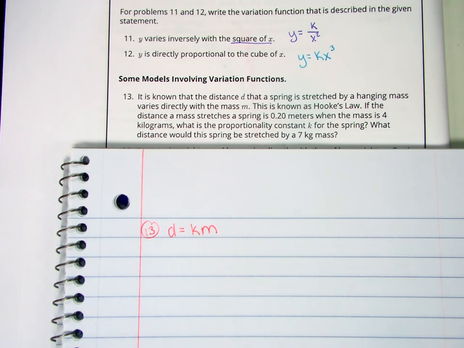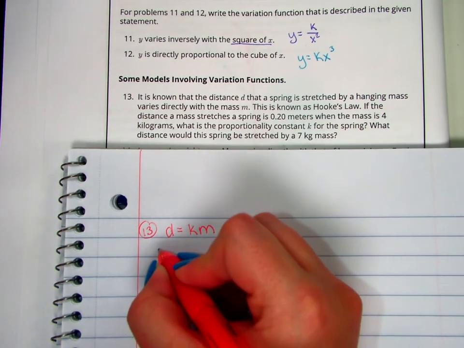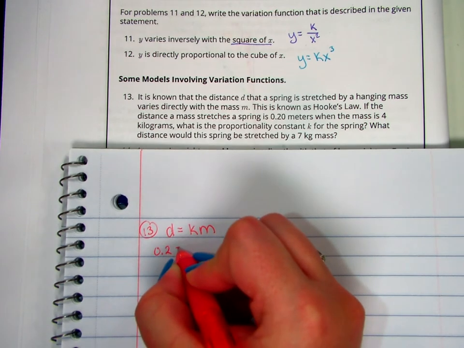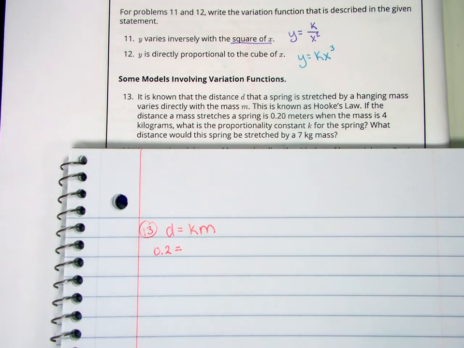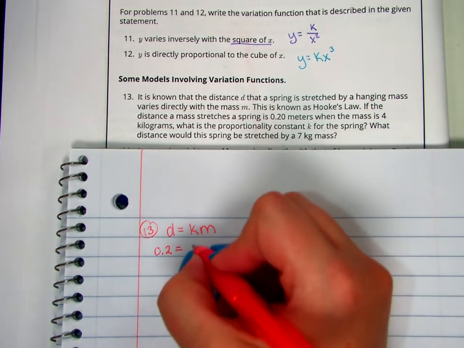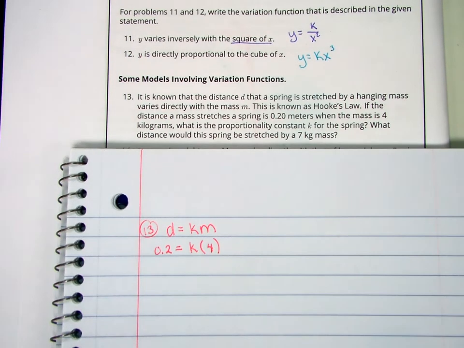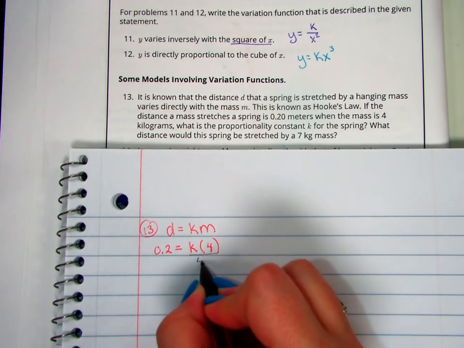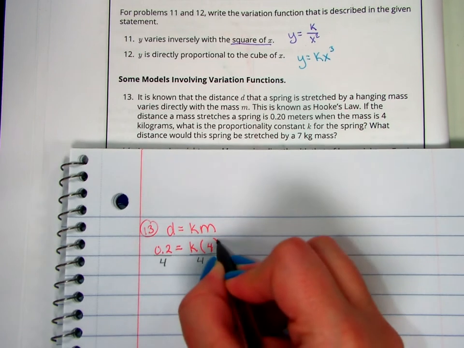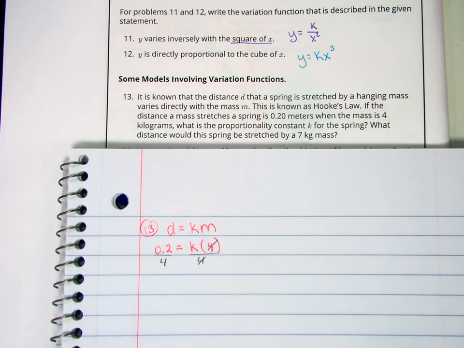So then as I keep reading, it says, this is known as Hooke's law. If the distance a mass stretches a spring is 0.2 meters, so my distance is 0.2 meters, when the mass is 4, what is the proportionality constant? What do I do to solve for k? Divide.